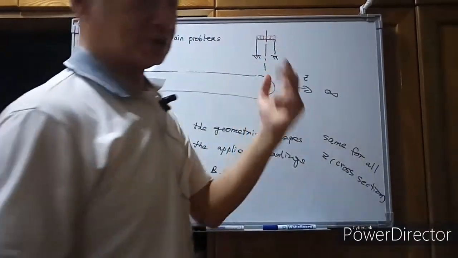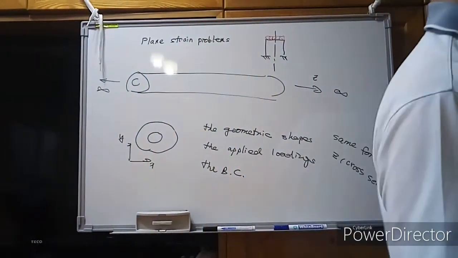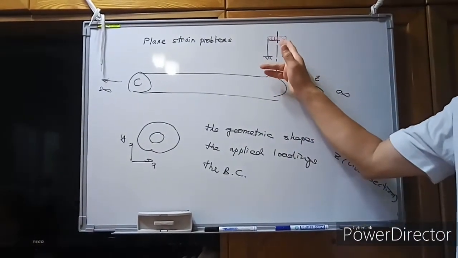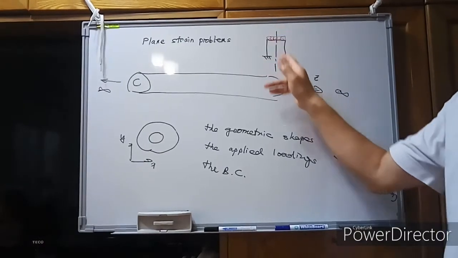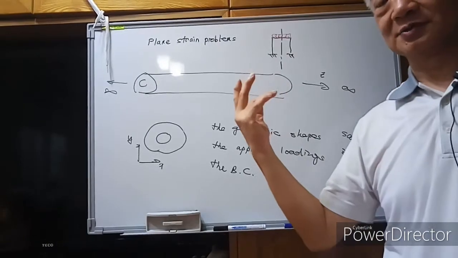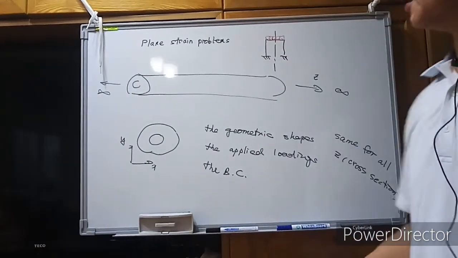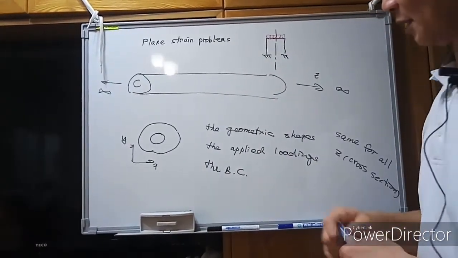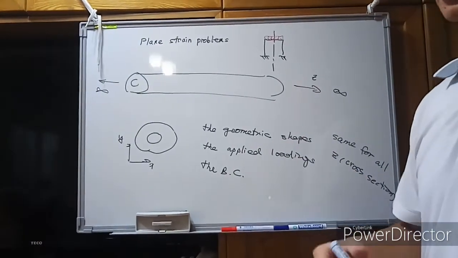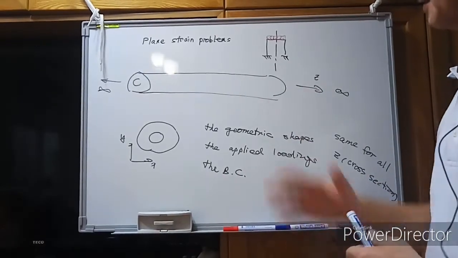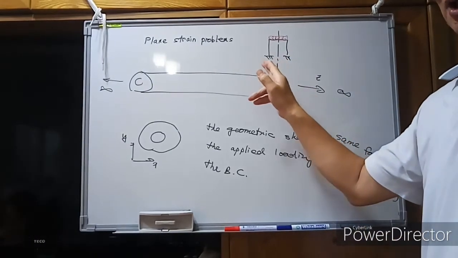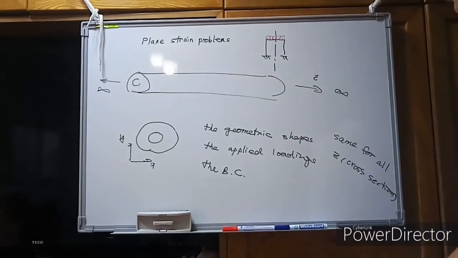If the structure is symmetric about the center line, then we can prove the displacement of the points on the center line must be equal to 0. You can try to understand why the displacement of the points on the symmetric line must be equal to 0.